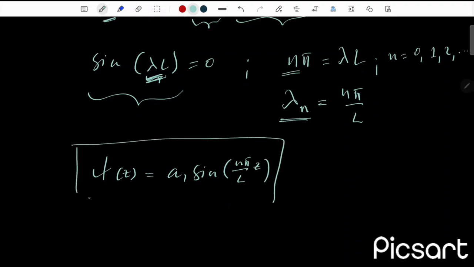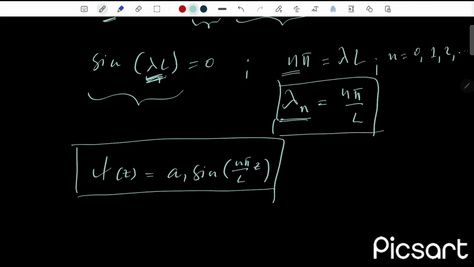This is our eigenfunction with these eigenvalues, or also eigenvector.